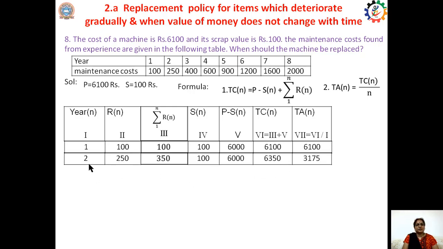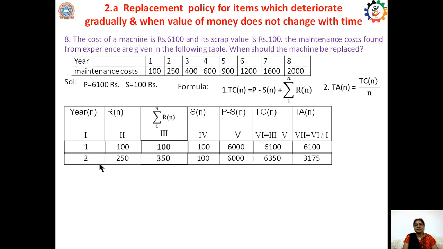Let us go to the second year. Second year Rn value is 250, that is R2, 250. You add now sigma, no? So add the previous value to this new value, you get 350. This and this remain constant for this problem. If S varies, then this also varies. Simply subtract this value from P, which will always be constant. So you add 3 and 5, 350 plus 6000, 6350.